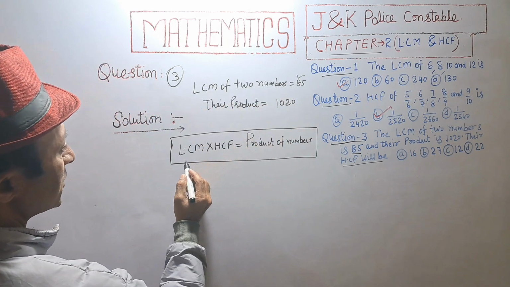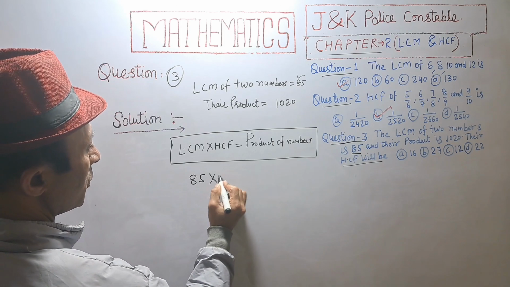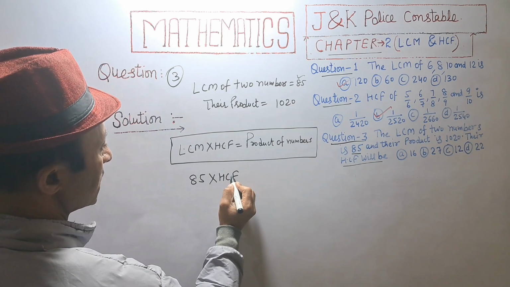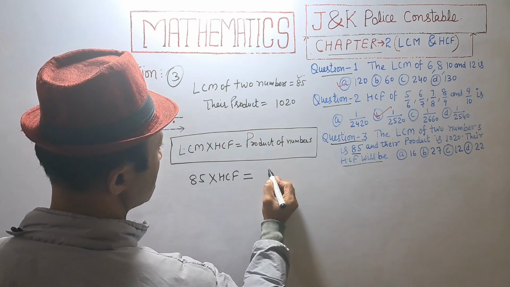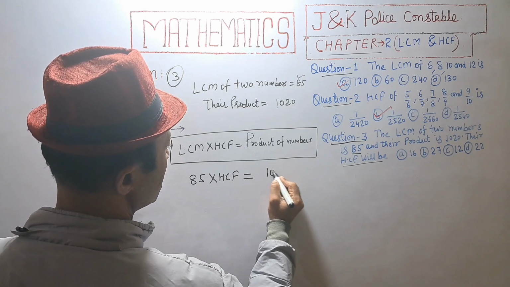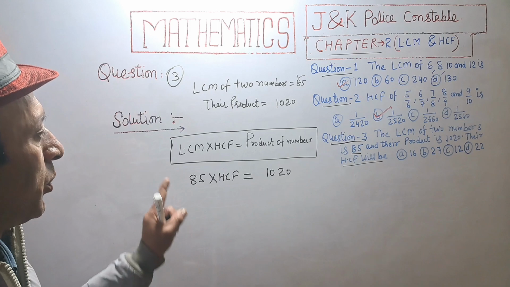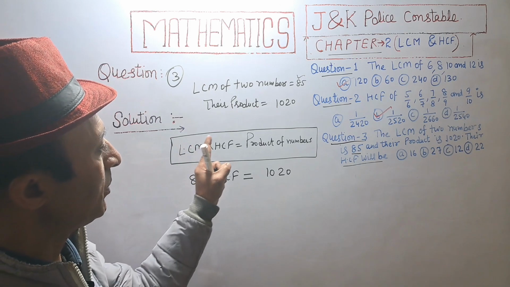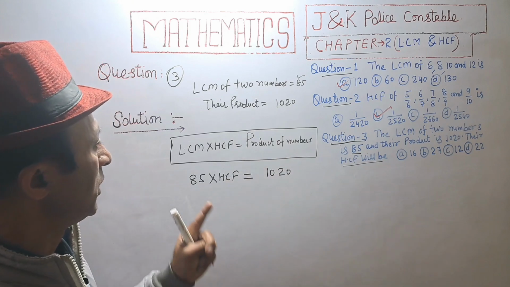LCM of two numbers is equal to 85 into HCF as it is, that is equal to product of numbers, which is 1020. According to the question, product of LCM and HCF is equal to product of two numbers.